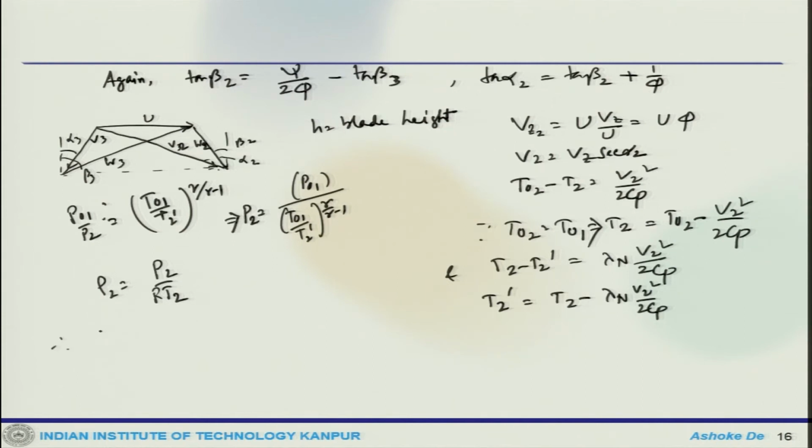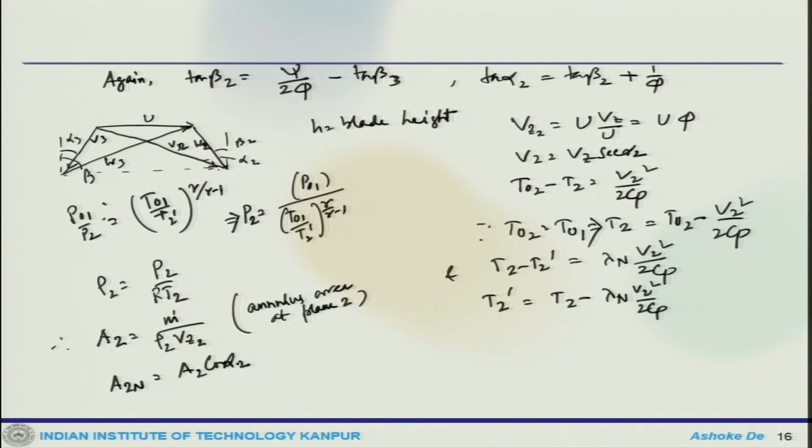Now, the area A2 is m dot by rho 2 Vz2. So, this is the annulus area at plane 2. So, A2 n would be A2 cos alpha 2.